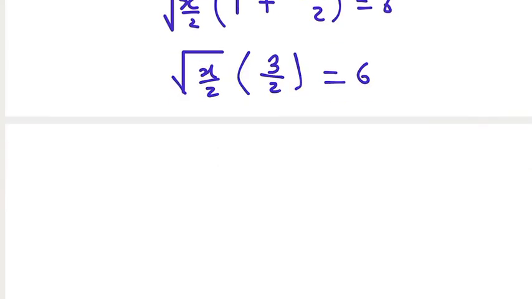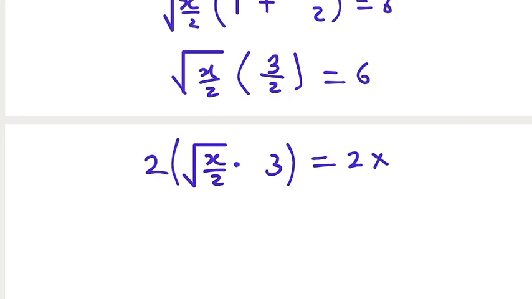So from there, we have the square root of x over 2 multiplying 3 over 2. To clear the fraction, we multiply all through by 2. We multiply this by 2, equals 2 times 6, and then divided by 2 here, so this 2 cancels this 2.